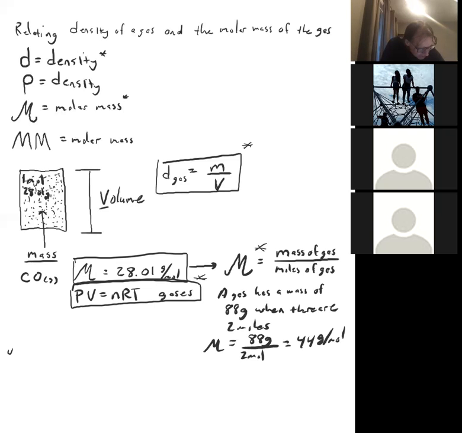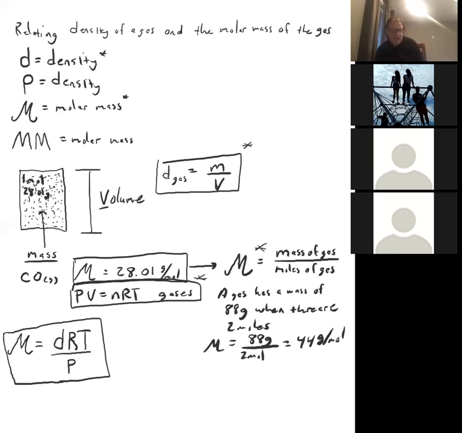For a gas, the molar mass of the gas is equal to the density of the gas times the gas constant, R, times the temperature of the gas divided by the pressure of the gas. And this is a nice relationship. What it does is it allows us to relate the density of a gas and its molar mass.